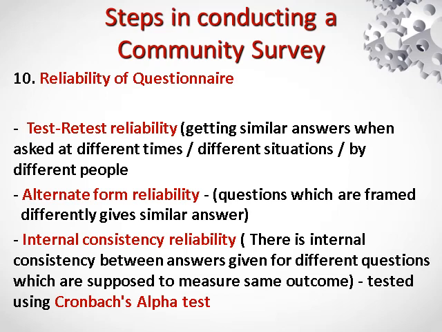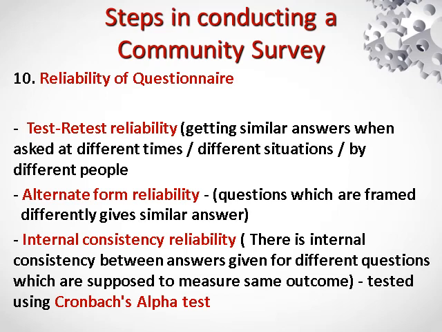So three items are there. One related to sleep, another related to appetite, third one related to socialization with friends. So all the three measure the same variable of depression. Okay, we have to check if all the three components have internal consistency. There is consistency between answers given for different questions which are supposed to measure the same outcome. Different questions means three different questions for depression which measure the same outcome, depression.